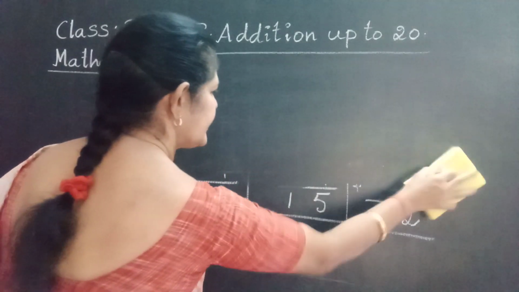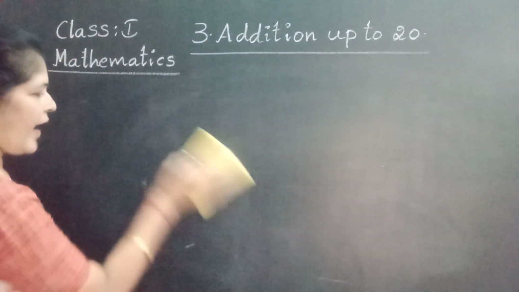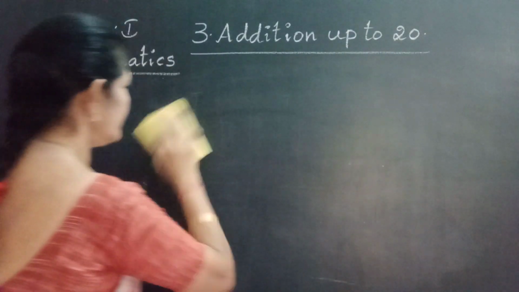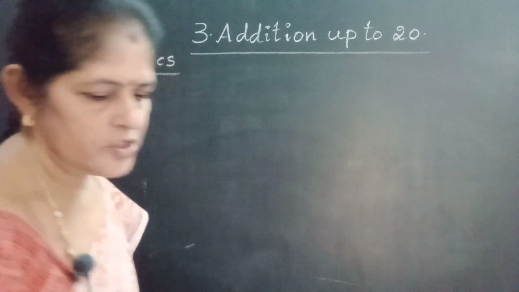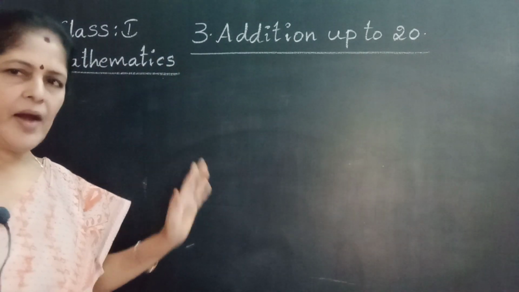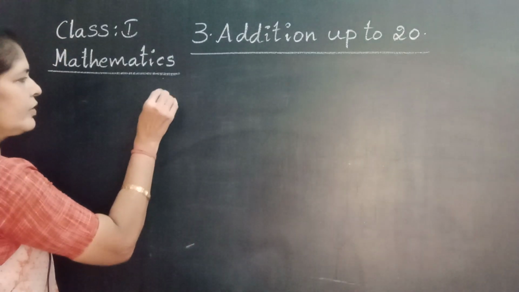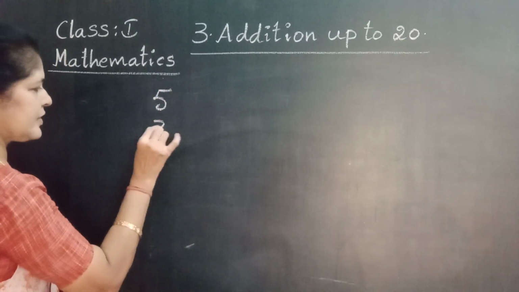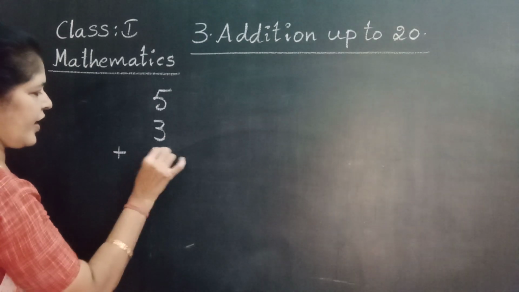Okay. Adding 3 numbers means we do addition 2 times. Going up to down or down to up, we get the same answer. Now let us see. 5 plus 3 plus 7.